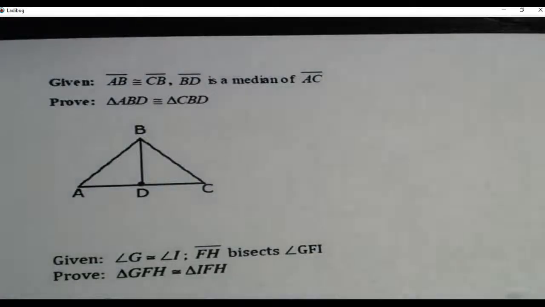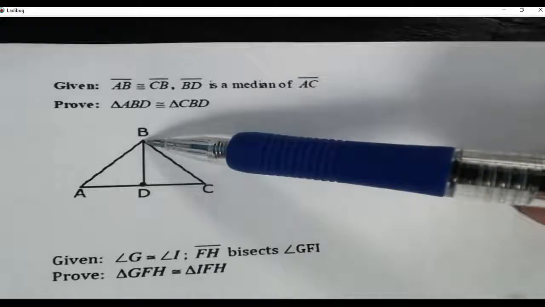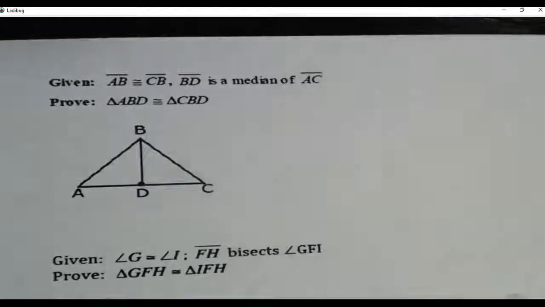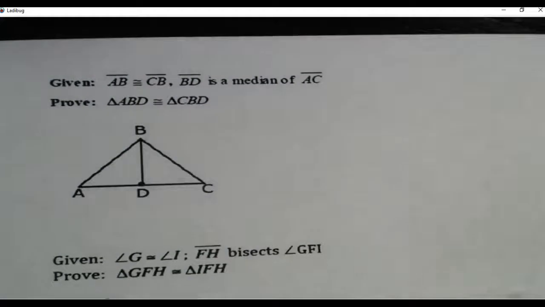You might know what a median is. So a median is a line that connects the vertex of a triangle to the midpoint of the other side. Okay, so median does the same thing as midpoint. So that's telling me that D is the midpoint, is pretty much what it's saying. So let's write it out.